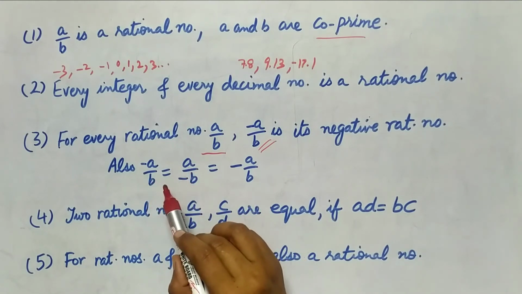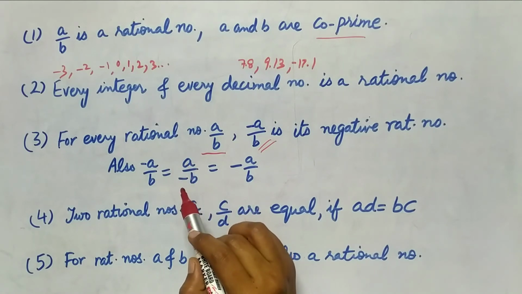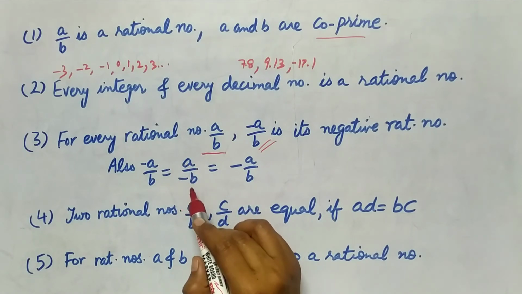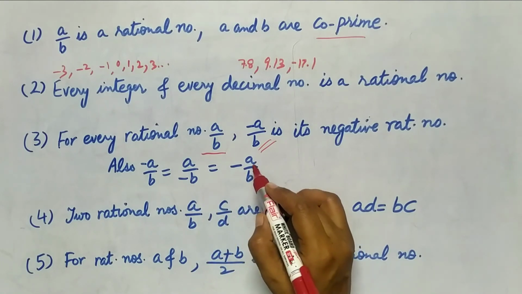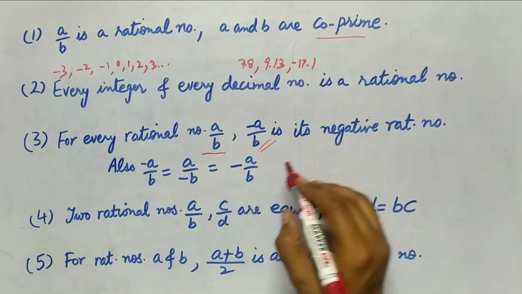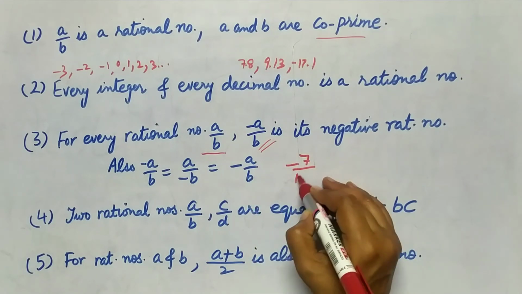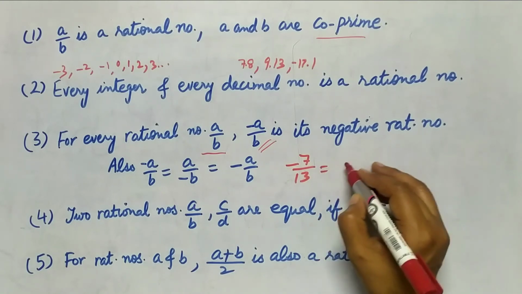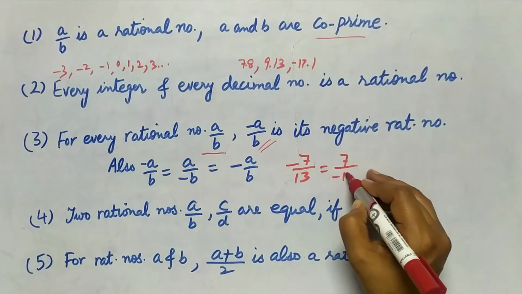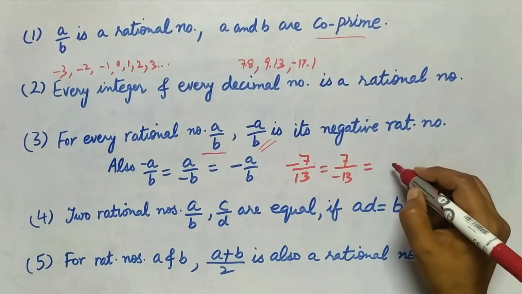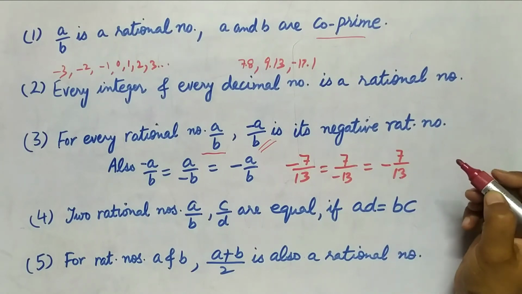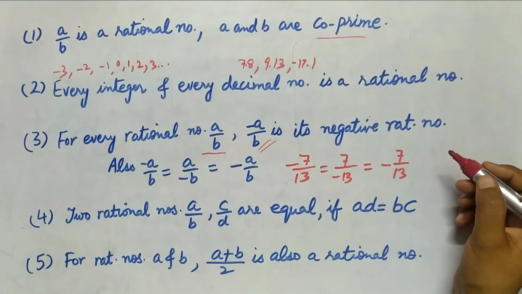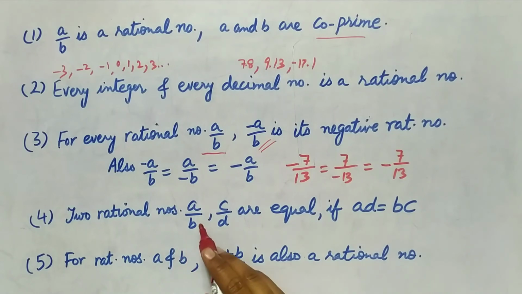There is one minus either in the numerator or in the denominator, and we can write it as a common minus sign in front of a upon b, like -7 upon 13. It is the same rational number as 13 upon -7, and collectively we can write negative of 7 by 13. Next property of rational numbers: two rational numbers a upon b, c upon d.